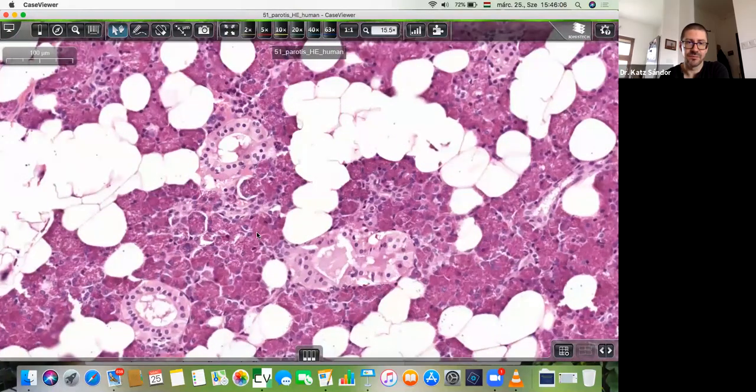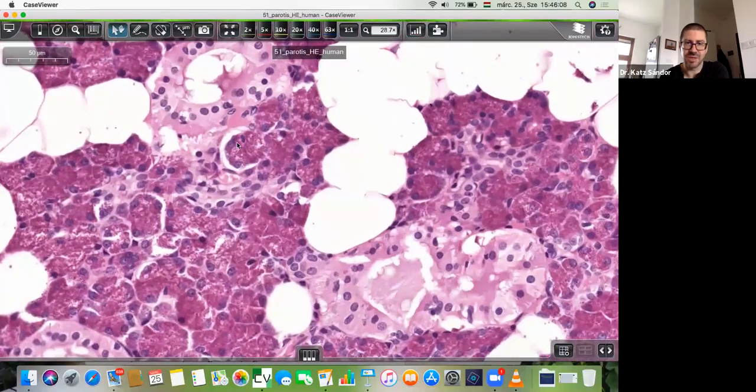So here we have serous acini, everywhere serous acini. We have some lightly stained structures, but this is a striated duct. This is another striated duct, but the smaller ones are the intercalated ducts. So they are not mucous acini.